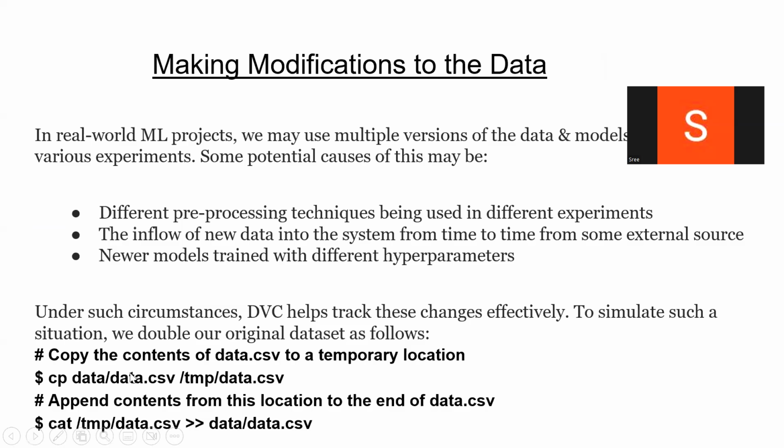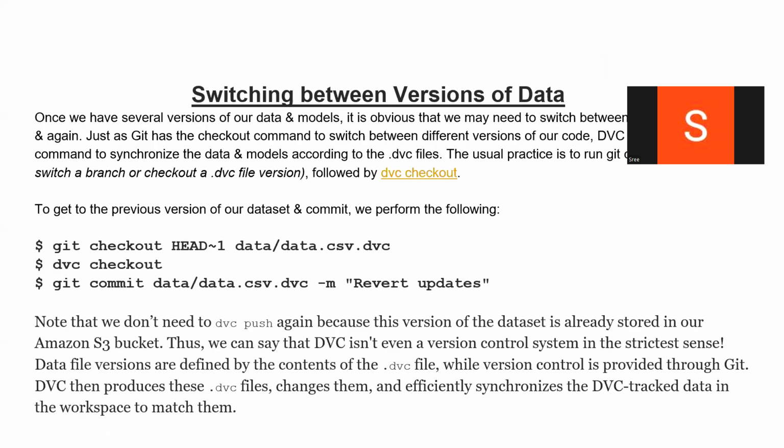And what I'm trying to do here is make some changes and append some contents. And again I'm trying to do the same DVC push. Again, I'm saying git commit, git checkout and DVC checkout. DVC checkout is nothing but to switch between multiple DVC versions, and git checkout is for switching between multiple git branches.